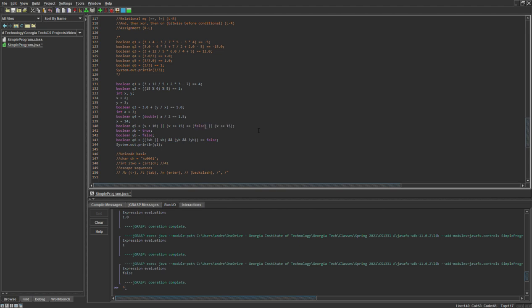No, so that evaluates to false. Is x greater than or equal to 15? Is 14 greater than or equal to 15? No, so that will evaluate to false. Now, if that's an OR, this will be false. And I'm pretty sure that's an OR, so let's go with false.